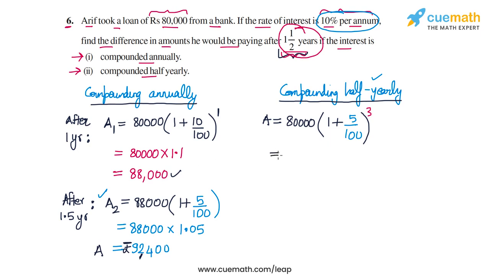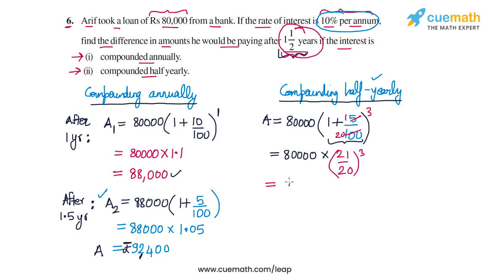So this is equal to 80,000 into, and the way to simplify this expression could be that we convert it into a fraction. 5 by 100 is 1 by 20. 1 by 20 plus 1 is 21 by 20. So we get 21 by 20 and the cube of this number.